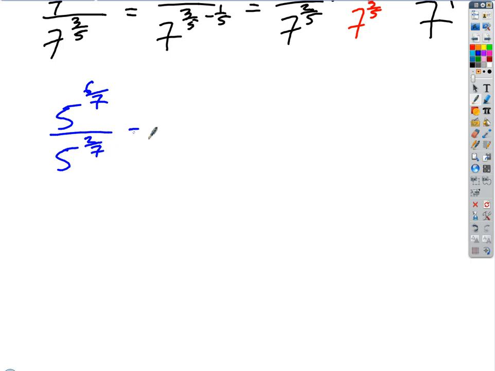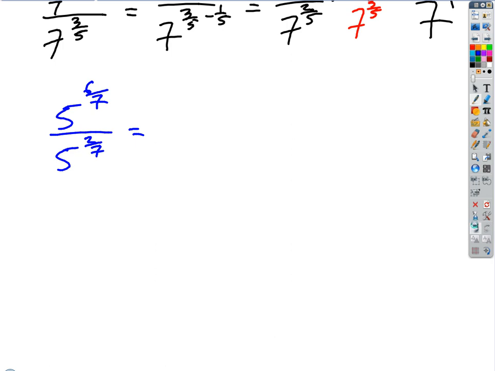2/7. Okay, there's another way we could do this, by the way. If I wanted to, I could just multiply both the top and the bottom. I don't even have to simplify this first. If I just want to get 5 to the 1 on the bottom, I could even skip a step, right?